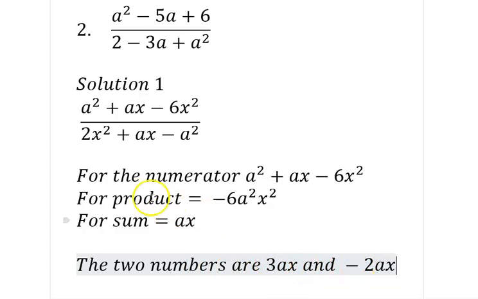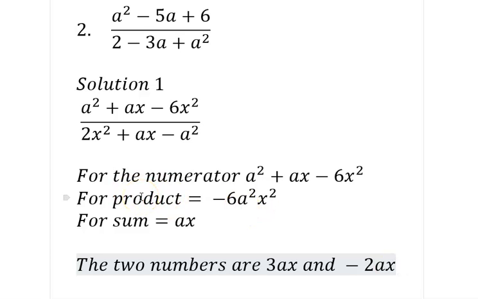For product, you are multiplying 3ax times minus 2ax. So this minus definitely appears. 3 times 2 will give us 6. A times a will give us a squared. X times x will give us x squared. That means these two numbers, 3ax and minus 2ax, have actually worked for product.